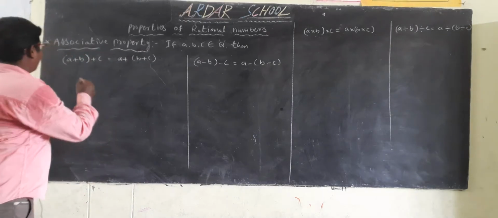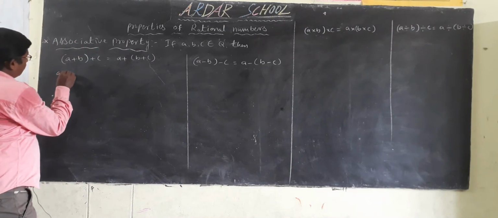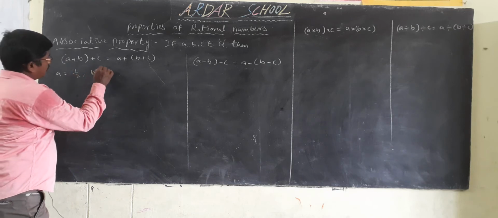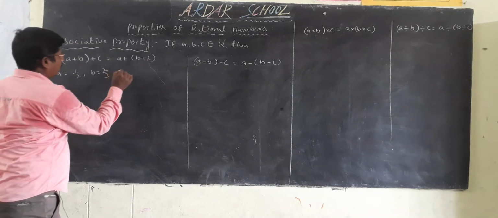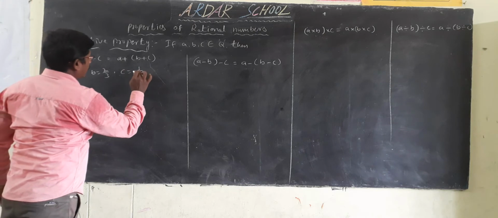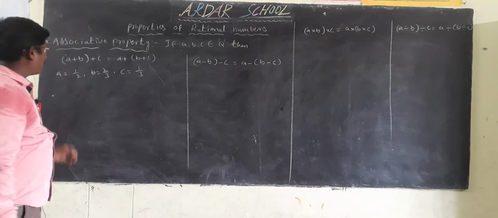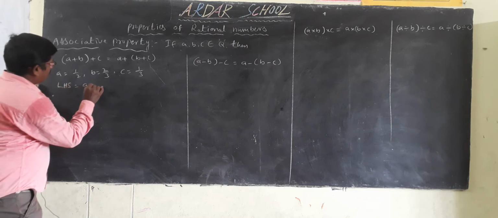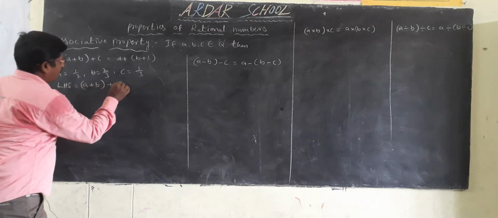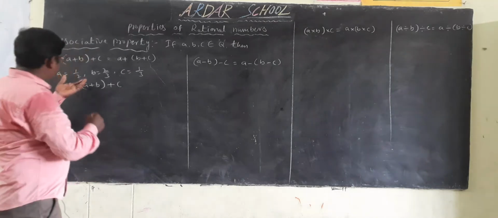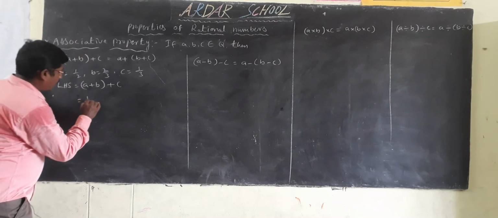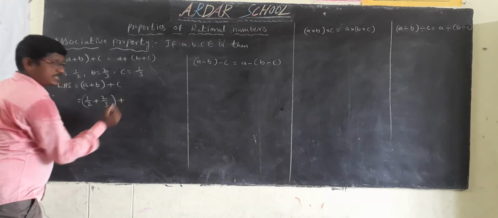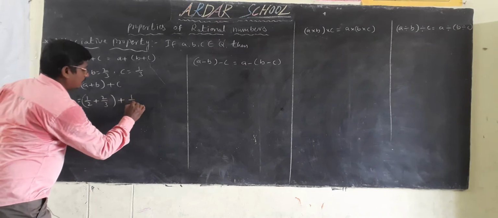Addition, take an example. Here a is equal to 1 by 2, b is equal to 2 by 3, c is equal to 1 by 3. So here LHS is equal to (a + b) + c. First we add a + b. A is 1 by 2, b is 2 by 3, plus c is 1 by 3.